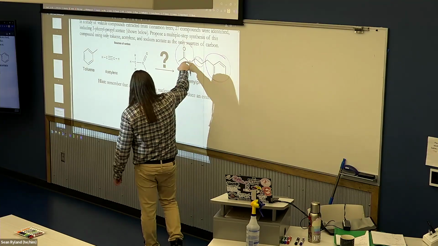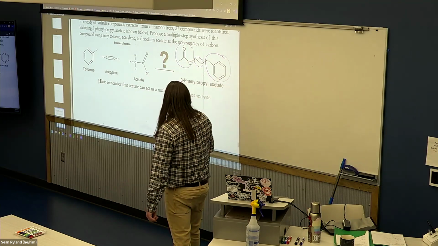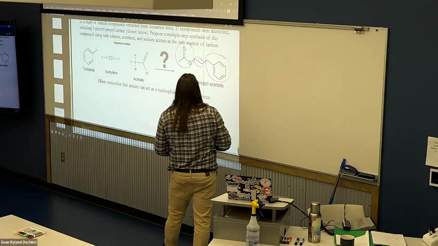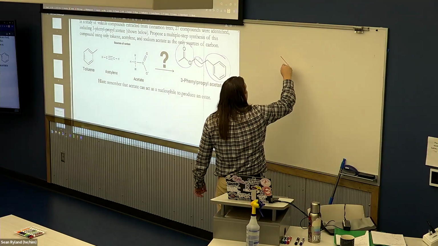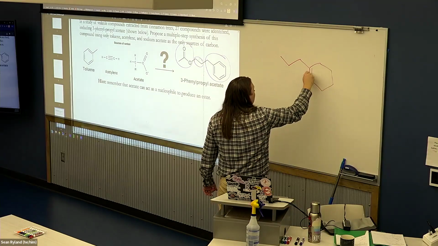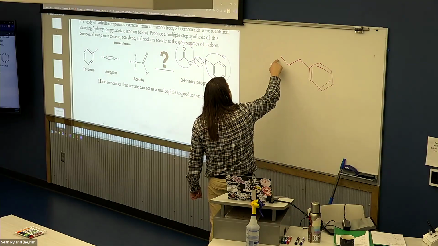And if the acetylide is going to act as a nucleophile, I need to have a good leaving group here. Right, so if I'm just working backwards, one carbon, 2 carbon, 3 carbon.